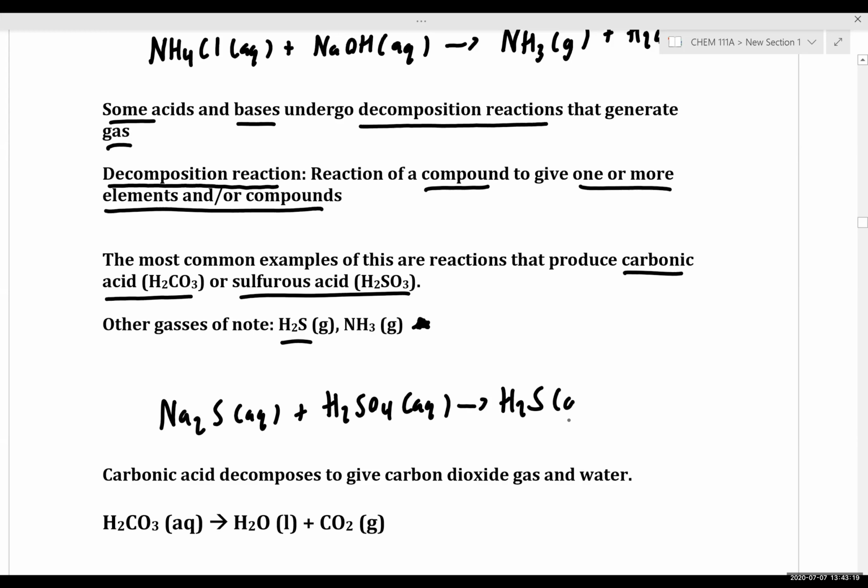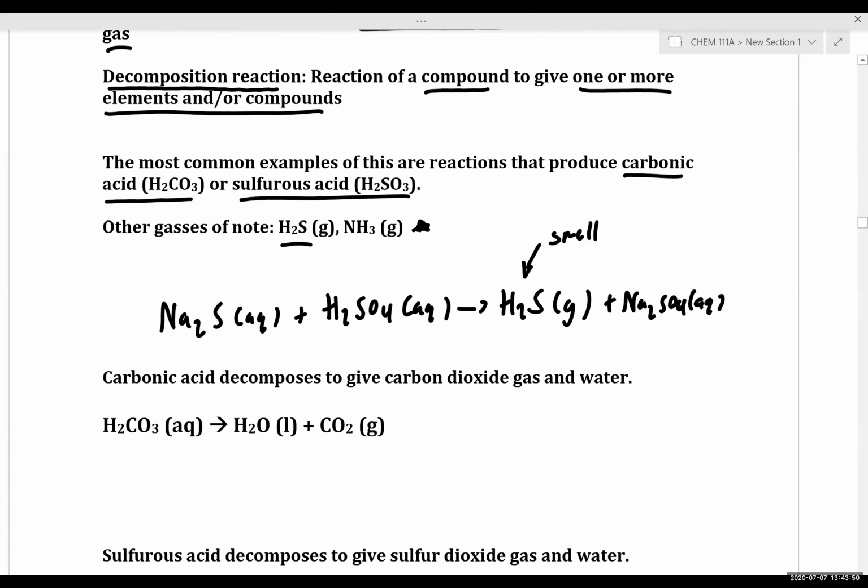Notice how when I'm talking about hydrogen sulfide, I'm using the nomenclature for the gas phase compound. And as a byproduct, we generate sodium sulfate. So this you can smell. And this is actually part of some of the analytical tests for sulfide salts. It'll be harder not to notice if you have a sulfide salt in an acidic solution.